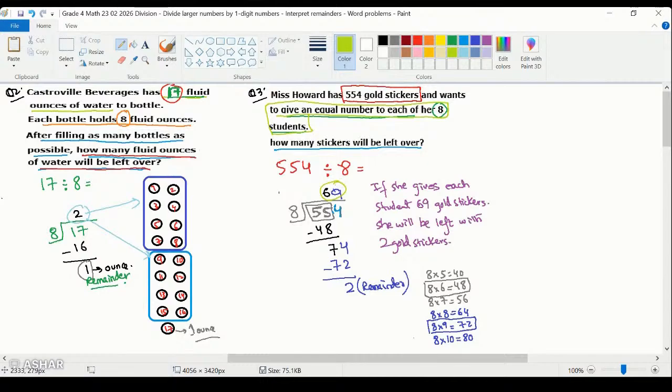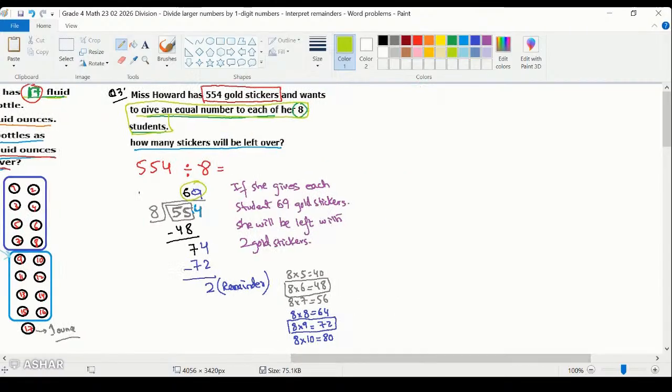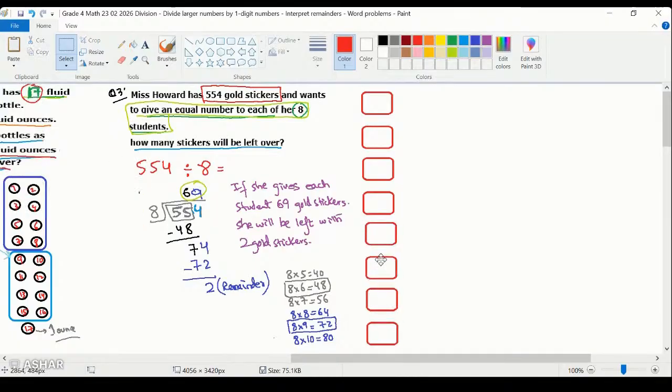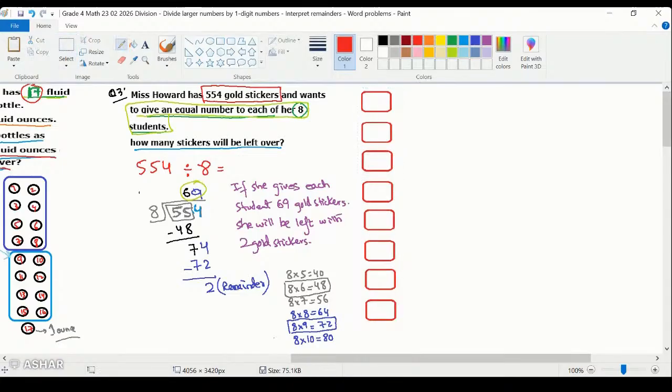We can confirm this. Okay, let's see. Let's do this question through addition. I'm trying to explain this question through addition. If these were the 8 students, each of them was given 69 stickers, right?